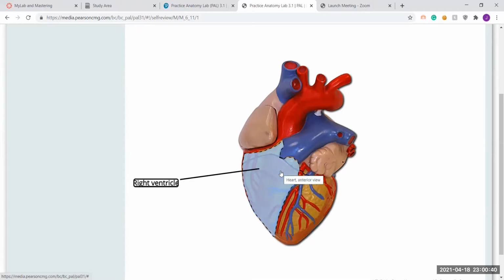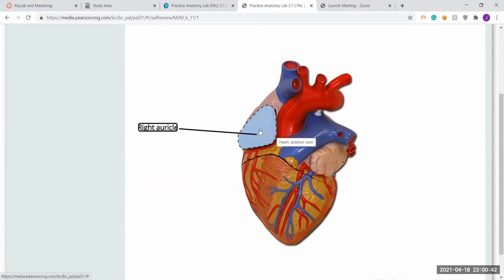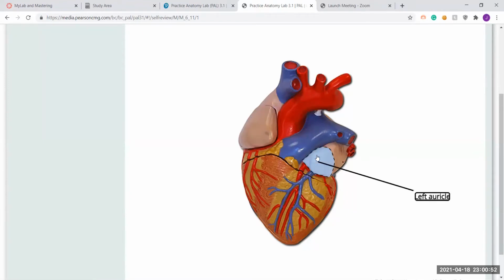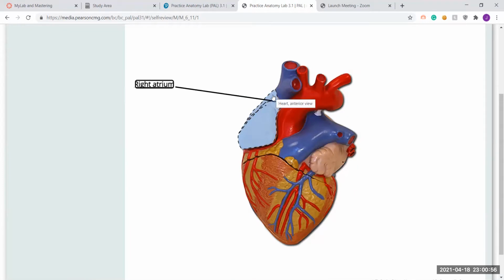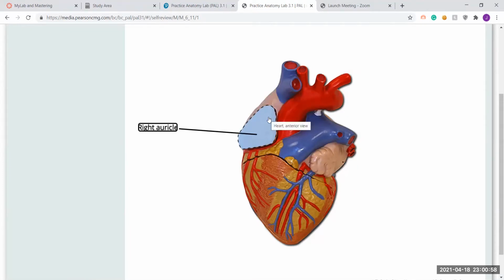The heart has four chambers. The upper chambers are called atria, and there is a flap that we call the auricle.